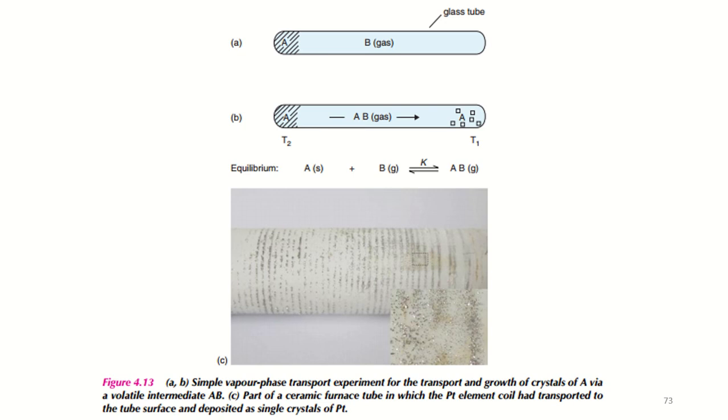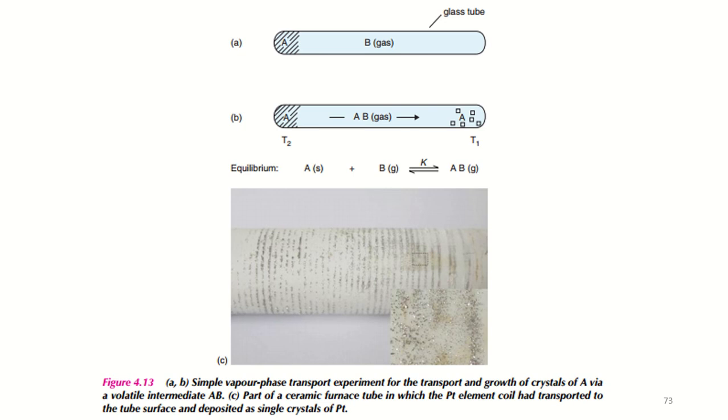In furnaces that contain heating elements of platinum, it is common to find platinum crystal deposits on cooler parts of the furnace wall. These form by a process of vapor phase transport.